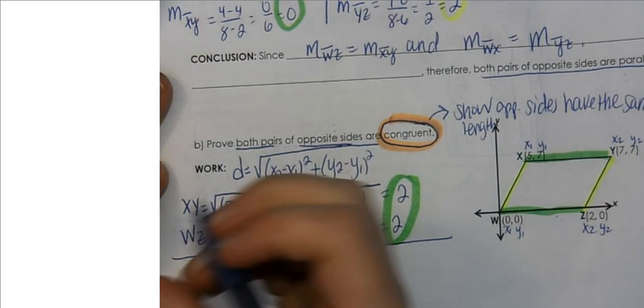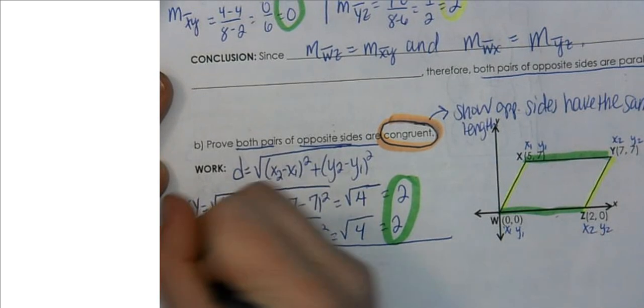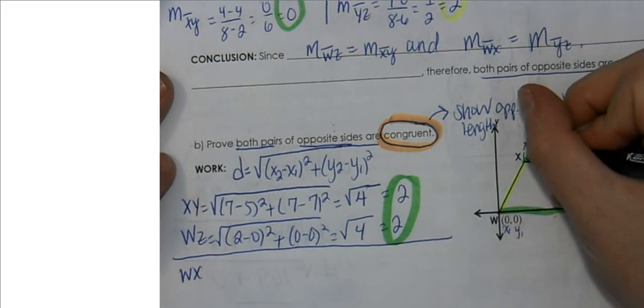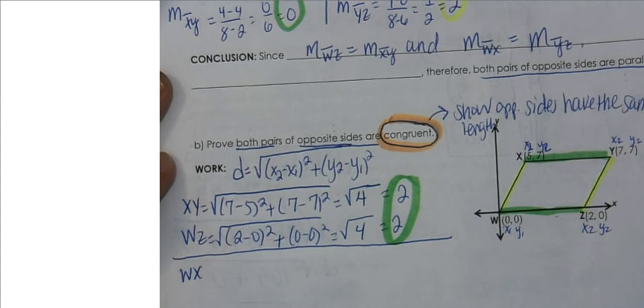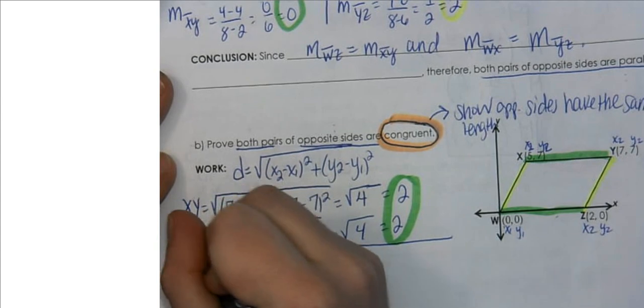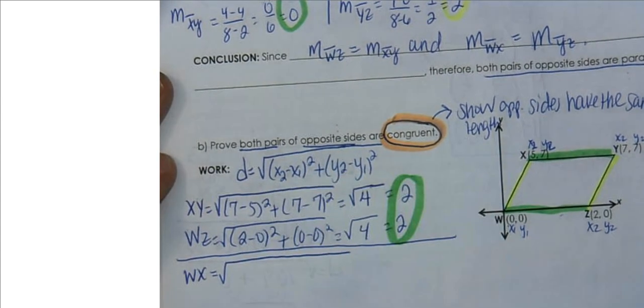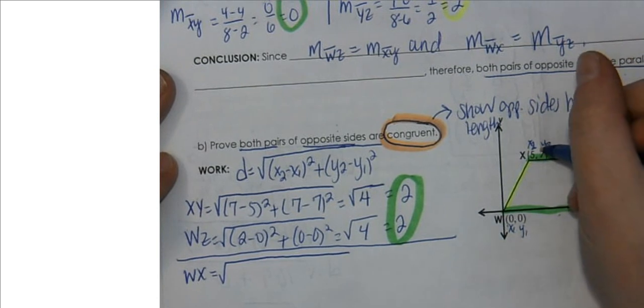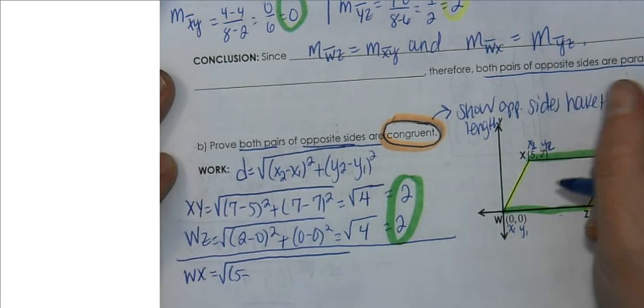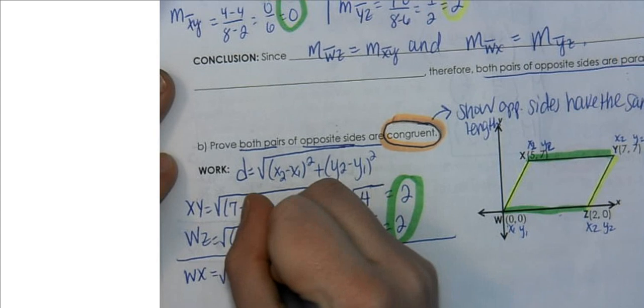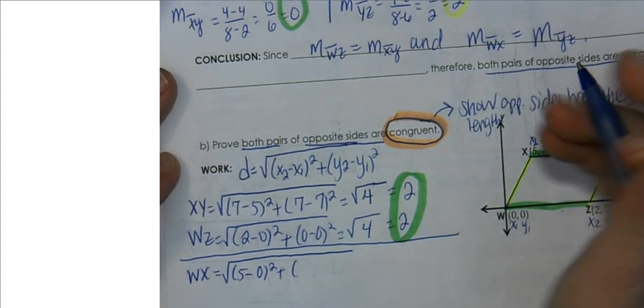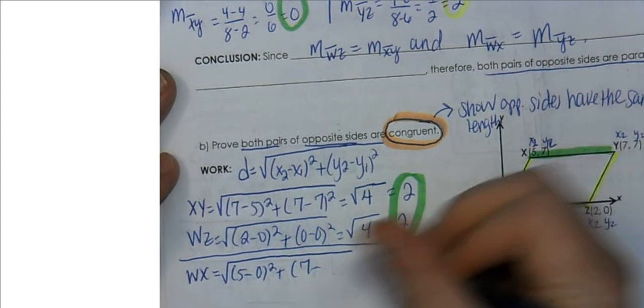So let's talk about WX. I'm going to label up here X2 and Y2 to help with my organization of putting these values into the formula. So I have X2, which is 5, minus X1, which is 0, squared, plus Y2, which is 7, minus Y1, which is 0, squared.